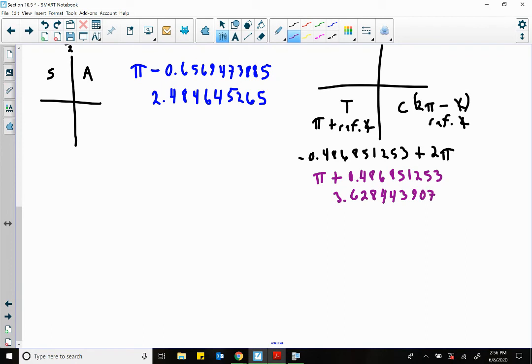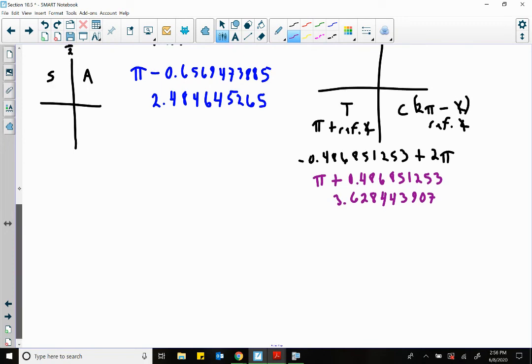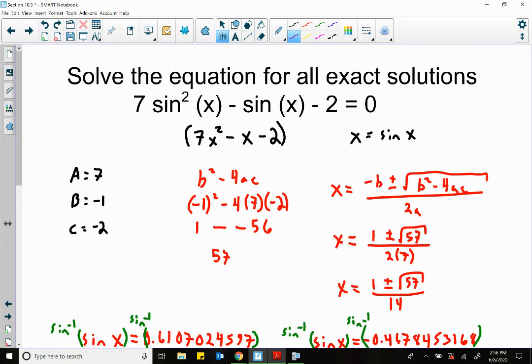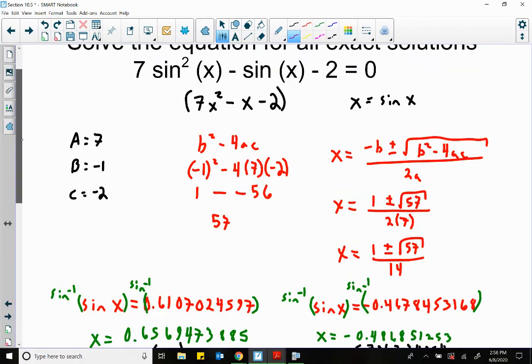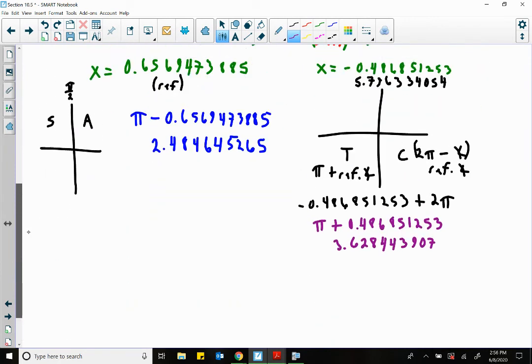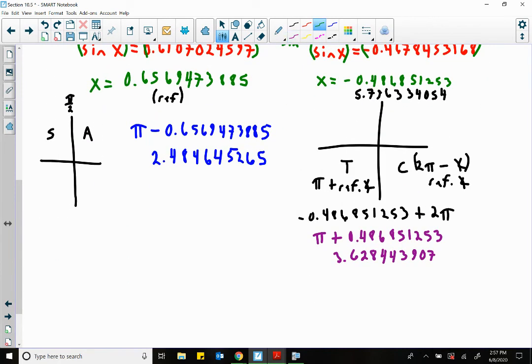Now we have all our angles. All we want to do now is make our equations exact solutions. And they rounded all of these to 4 decimal places, just so you know. So starting with quadrant 1, because I like to work in quadrant 1 first, if I round this to 4 decimal places, that's 0.6569.